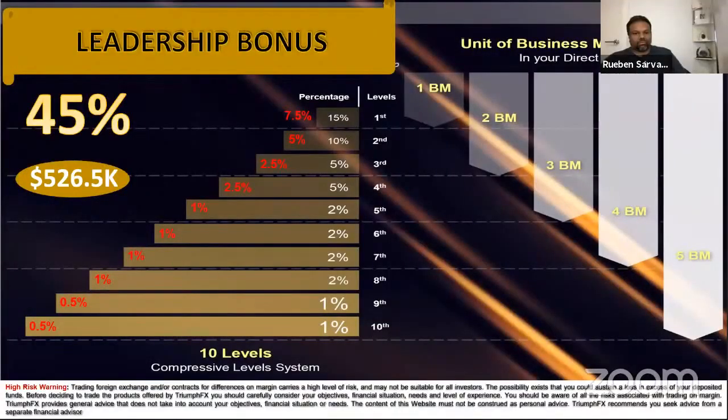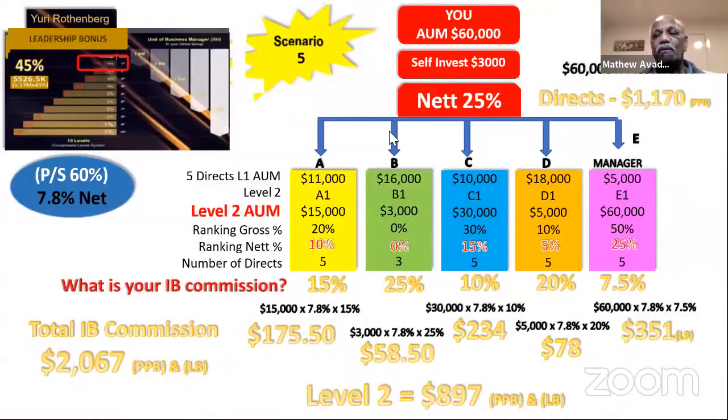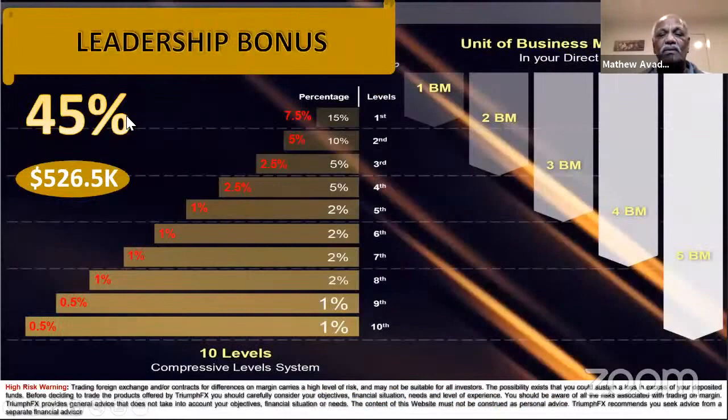Okay. Now before I go to the next level, when you qualify as a QIB, as a business manager, right now you have $60,000 and you are a business manager and you got another business manager under you. Now you have access to the second level of the pool. So I'll just go back to here. Once you are a BM and you got one more business manager under you, the two of you will now have access to the second level of the bonus commission pool, where you will start sharing the 45%.